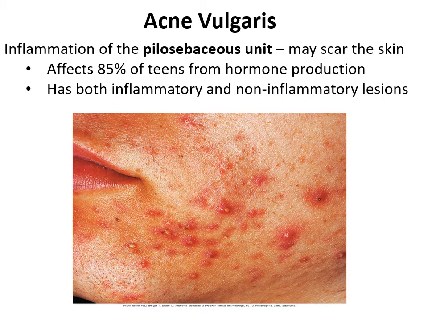Okay, and what occurs is the sebaceous glands, which are typically almost invisible before puberty, become activated, and they can become blocked. So the pilosebaceous unit can become blocked with sebum, and that sets up inflammation, right? So acne has both an inflammatory component and non-inflammatory lesions that we'll come to.